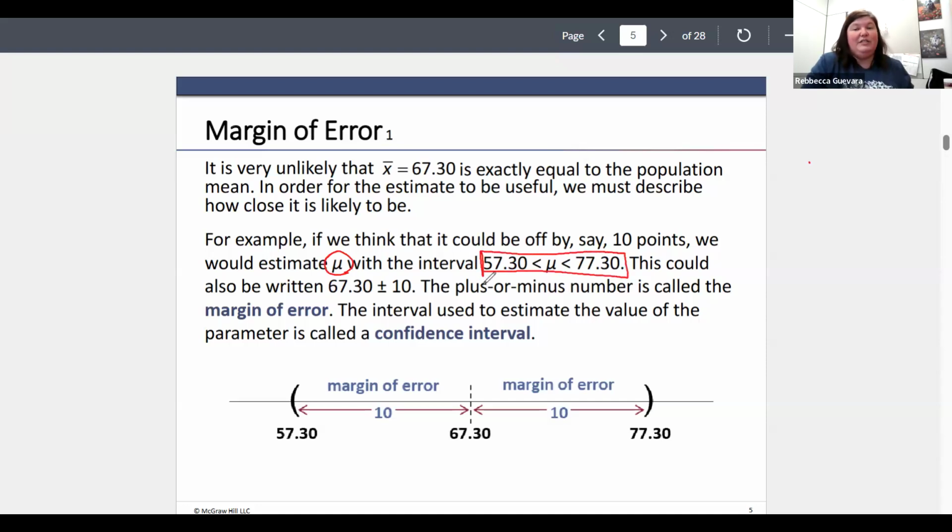57.3 to 77.3. Another way we can write that is 67.3 plus or minus 10. This part is your point estimate, and all it is is a sample mean.